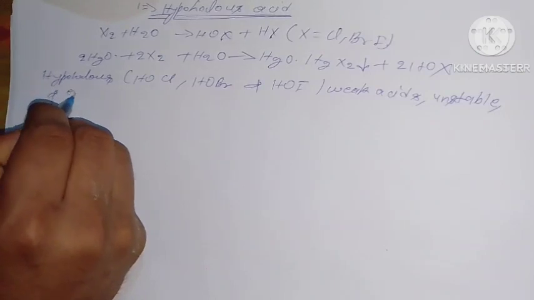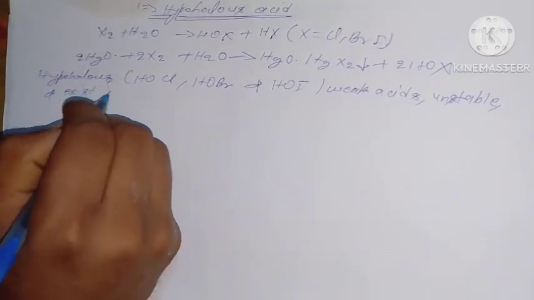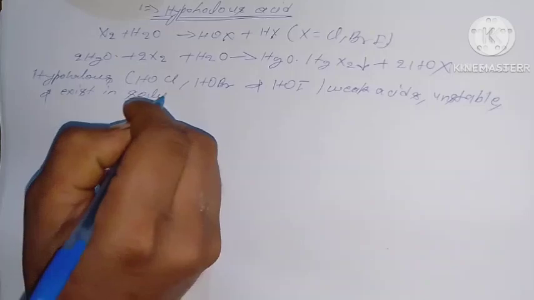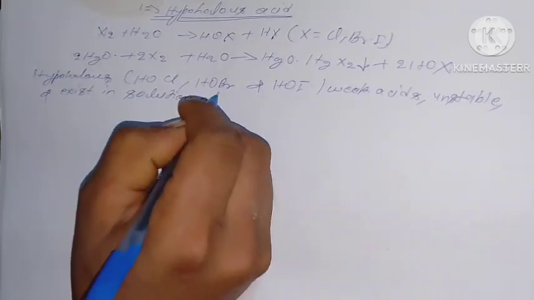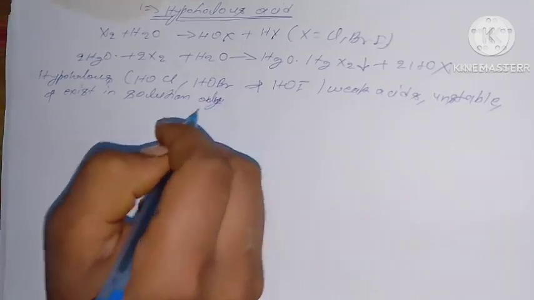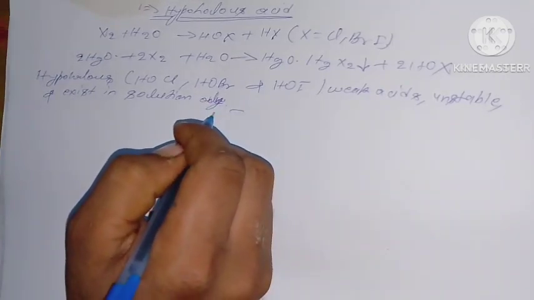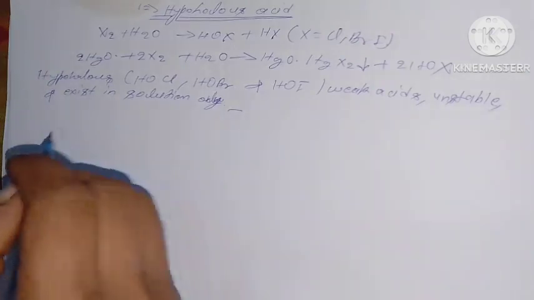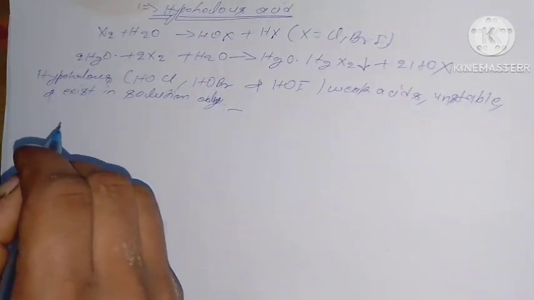Salts of these acids are stable and are called hypohalites.